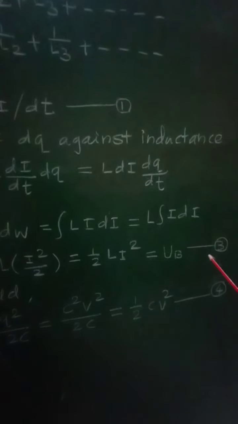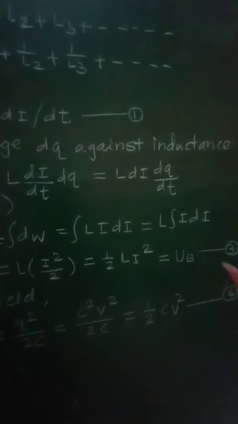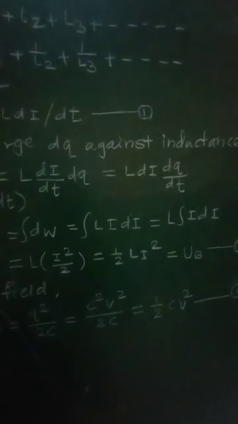Rearranging the terms, this is half L I square, let it be UB, equation number 3. So this equation represents the work done, that is the energy stored in the magnetic field, because that work done, half L I square, will be stored in the form of energy in the magnetic field, that is UB.